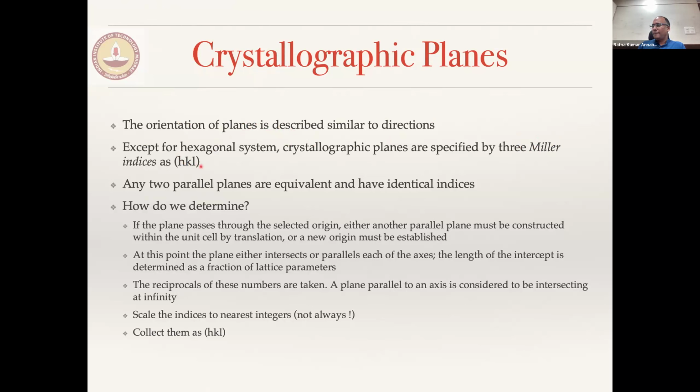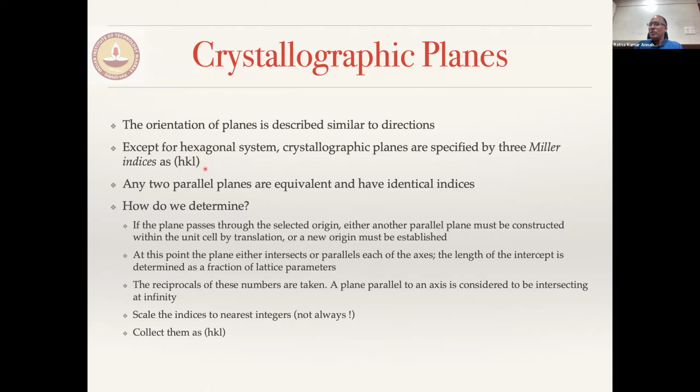The point that I would like you to recognize is the following. If you are representing points, there are no enclosures. A direction is represented by a square enclosure, and a family of directions by an angular enclosure, and a plane is represented by a parenthesis as an enclosure.